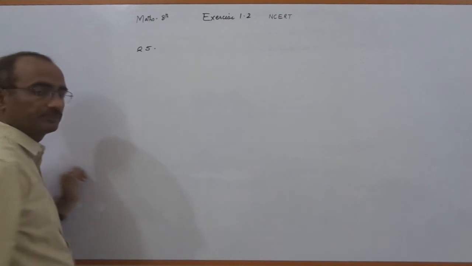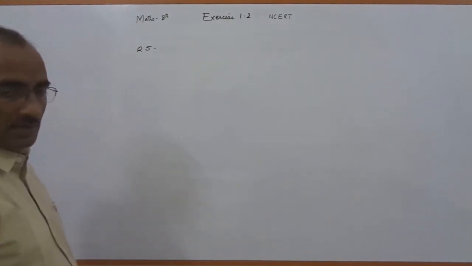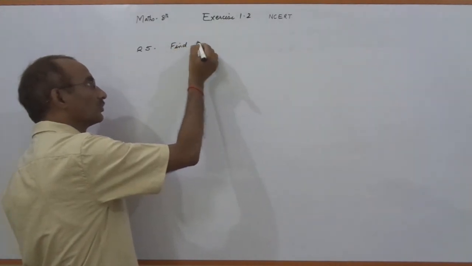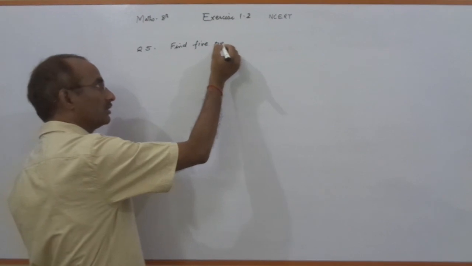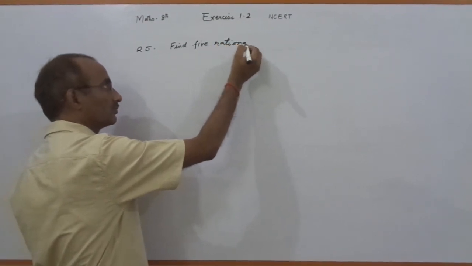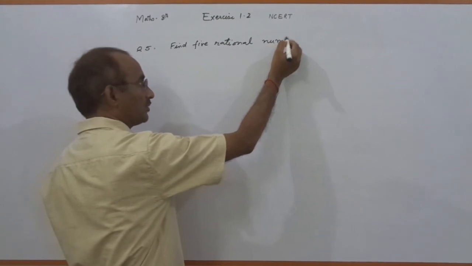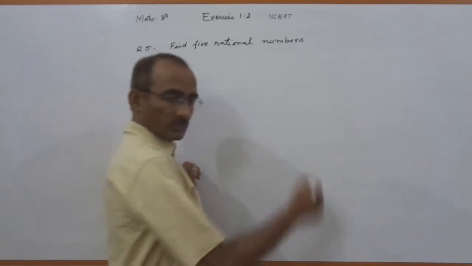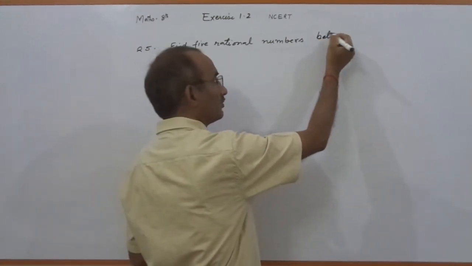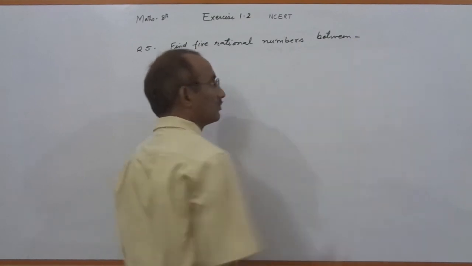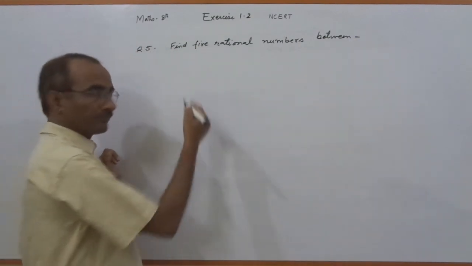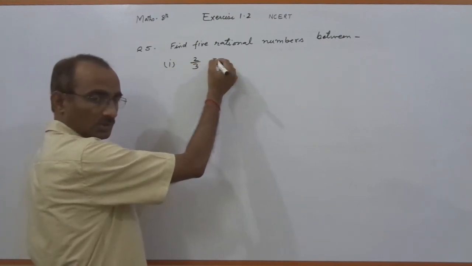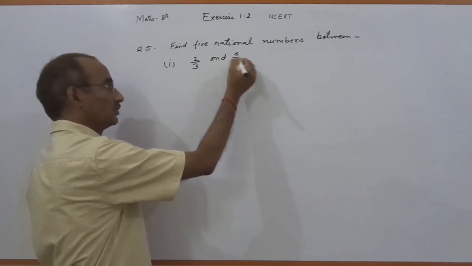Question 5. Find 5 rational numbers between 2 upon 3 and 4 upon 5.